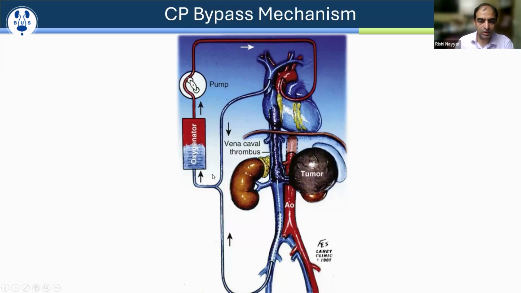From there also the blood comes into this machine, and then this pump circulates the oxygenated blood through the aorta, where a cannula is put, and then perfusion continues. Once the temperature of 18 degrees is achieved, this pump is pumping just about 50 ml or 60 ml of blood per minute.